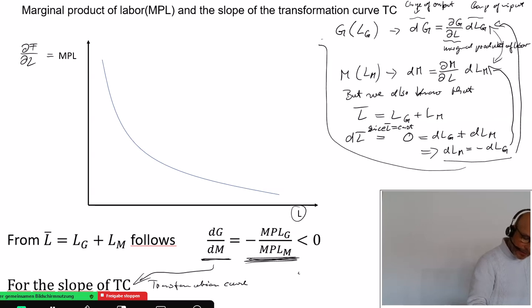So then we obtain dG equals marginal product dG dL times dLG, and now inserting this down here means dM equals dM dL times now minus dLG.